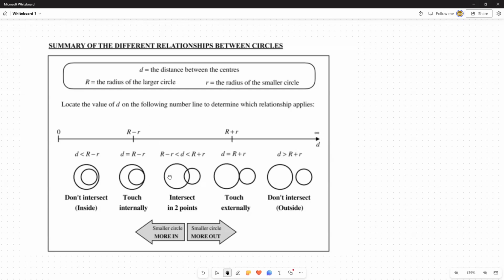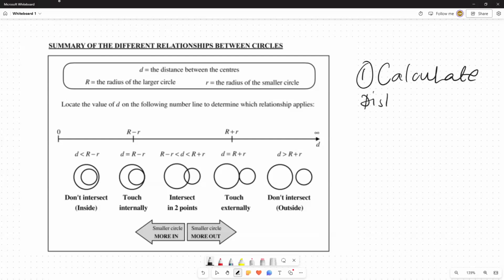So my advice here would be, the first thing you do when you get a question that asks you whether the circles are touching or not is to first calculate the distance between the centers. Right? Let's write that down. One is to calculate the distance between the centers.